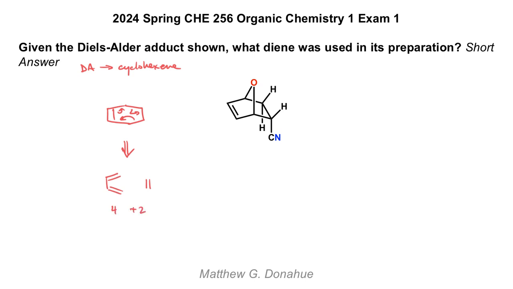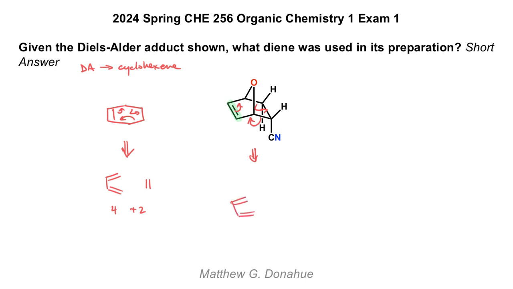So in the molecule, you can identify the alkene of the cyclohexene. And so when you do the retrosynthesis of this, you're basically going backwards, and I'll try to keep the drawing in the same orientation.